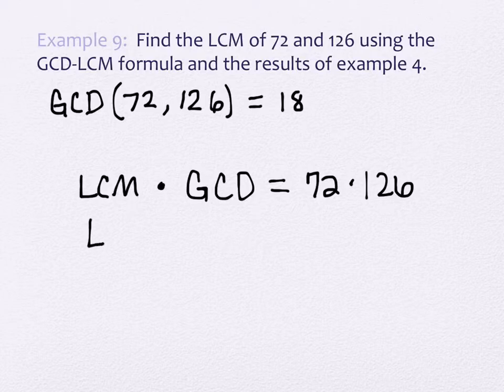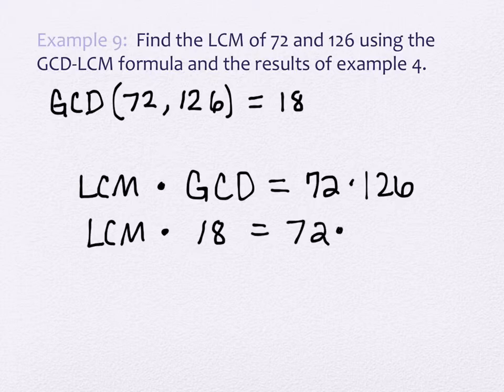And I know that the greatest common divisor is 18. So somebody tell me, what am I going to have to do to solve this for the least common multiple? Divide the product of 72 and 126 by 18.